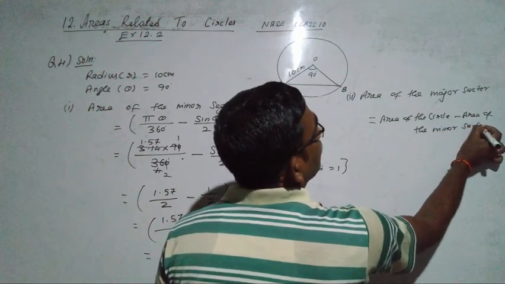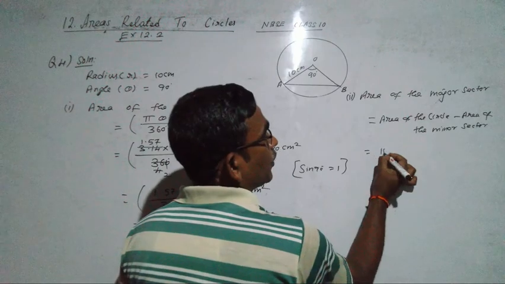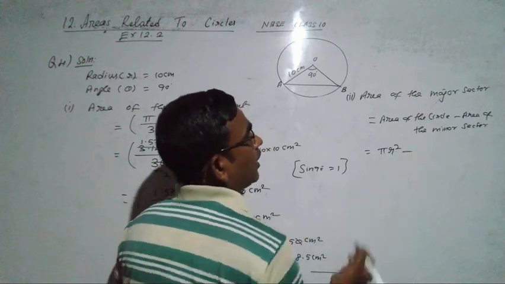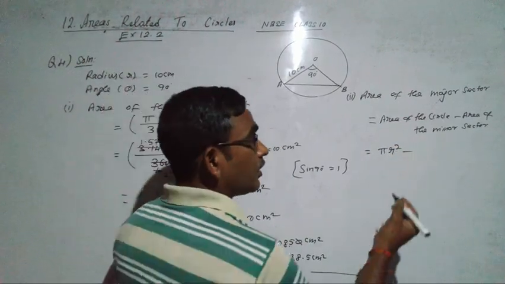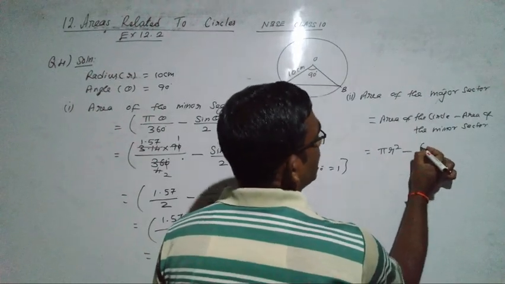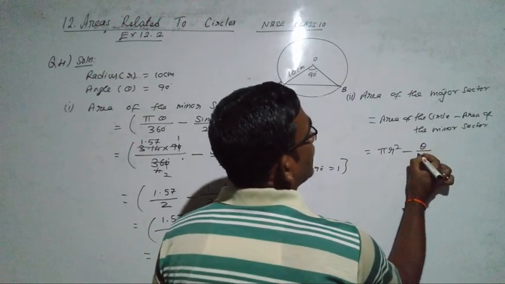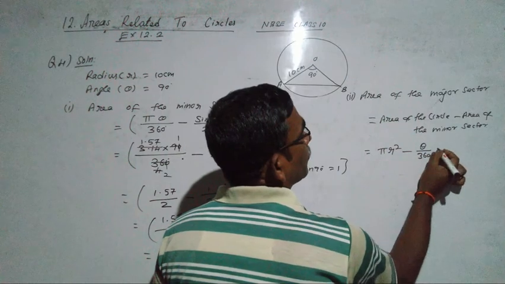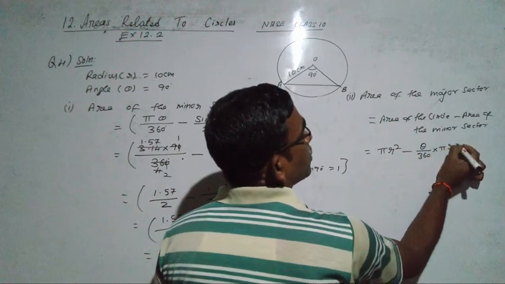Okay. Area of circle formula we know, pi r square. Area of sector becomes theta divided by 360 into pi r square.